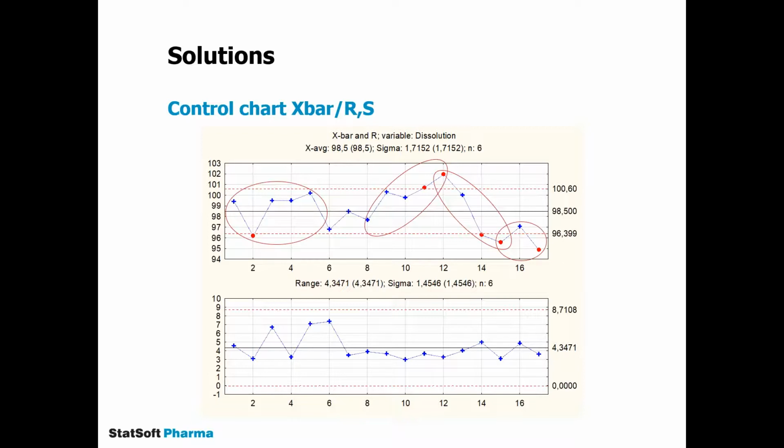The chart can be used to monitor critical attributes such as dissolution or content uniformity. And the example illustrates the monitoring of the dissolution of a finished product with several points outside the location control limits while maintaining a high homogeneity of each batch on the R dispersion chart. This is a typical dissolution image.